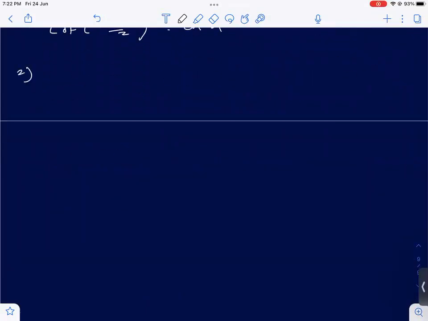Sum number 2. Sum number 2, this is also of a similar kind of sum. So sin theta plus sin 2 theta plus sin 3 theta equal to sin alpha. If I take the first and third part, let us rearrange: sin 3 theta plus sin theta.